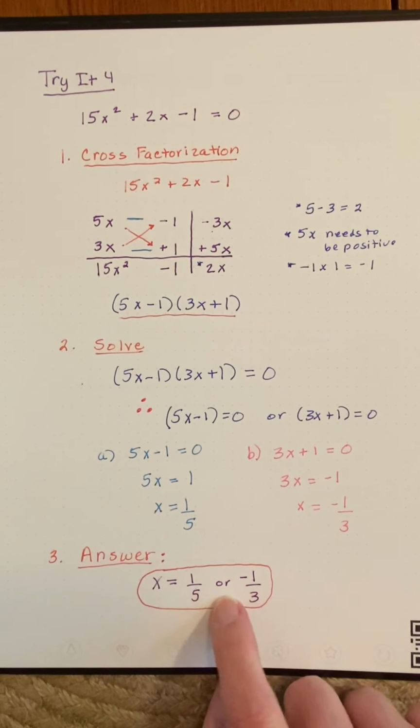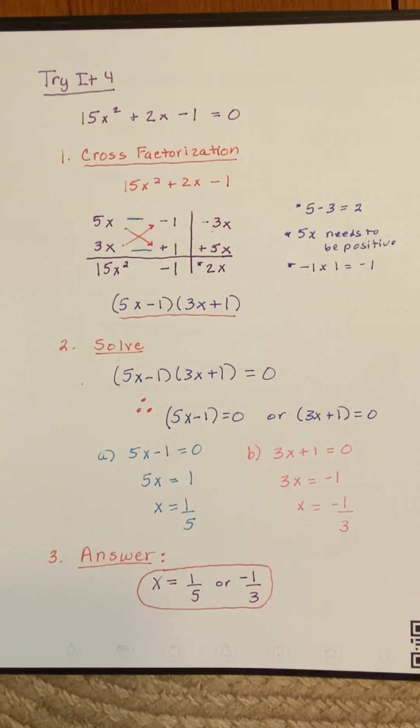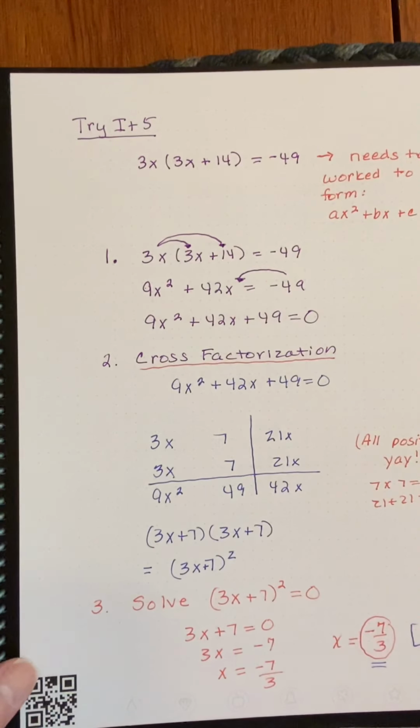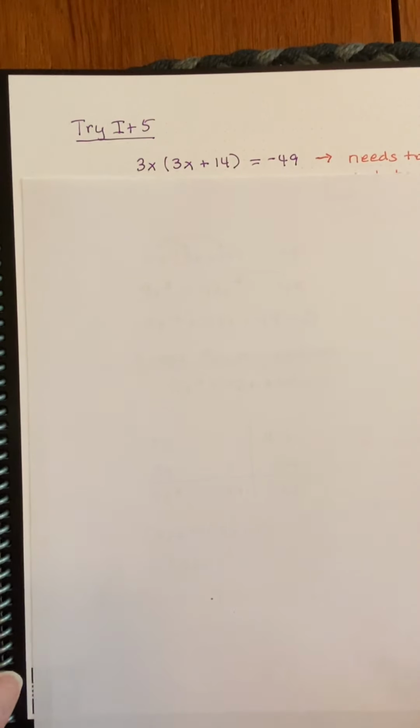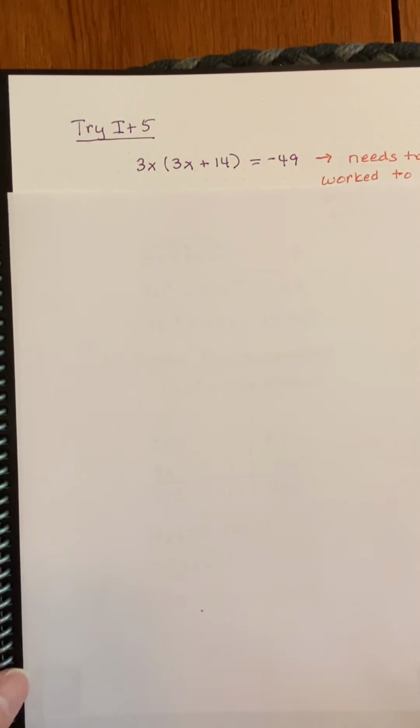The connecting conjunction here is or. Going on. Try it number 5. Each try it will get progressively a little more tricky, requiring a few more steps. Once again, I cannot stress this enough. Do not skip steps.